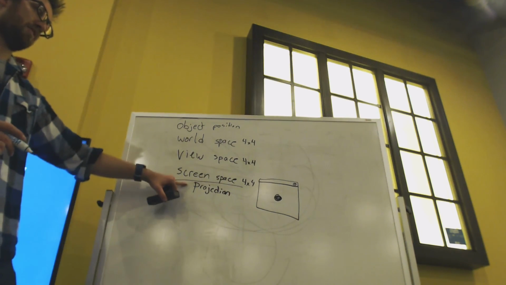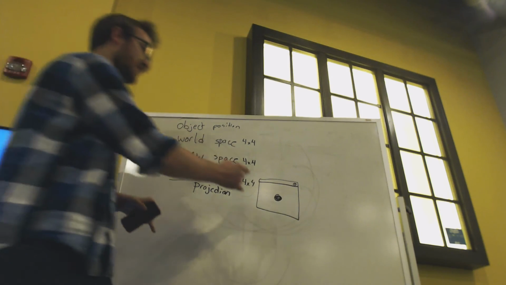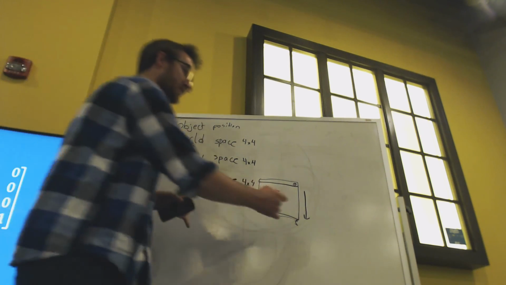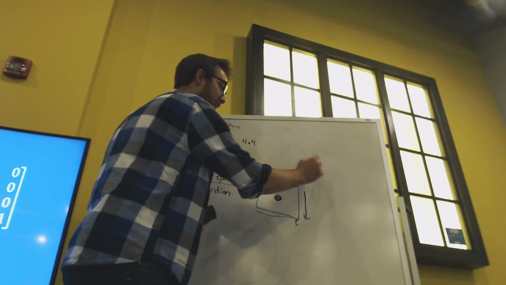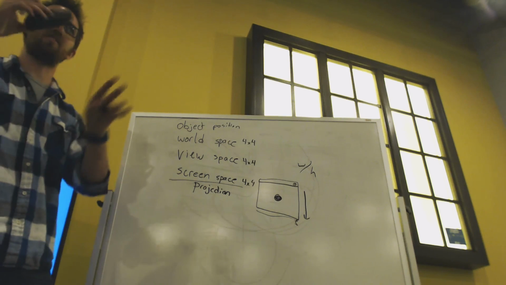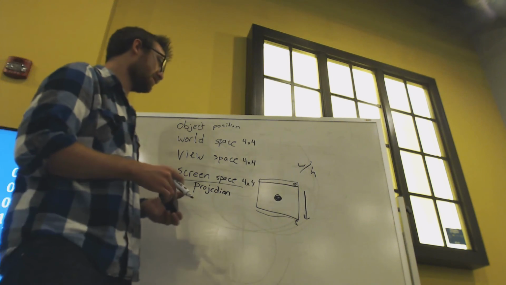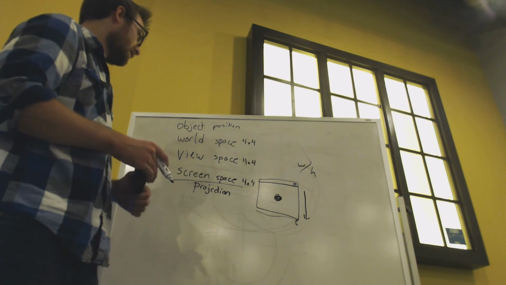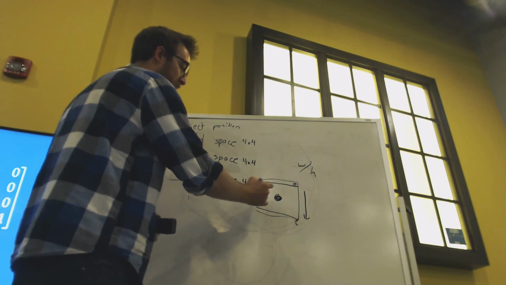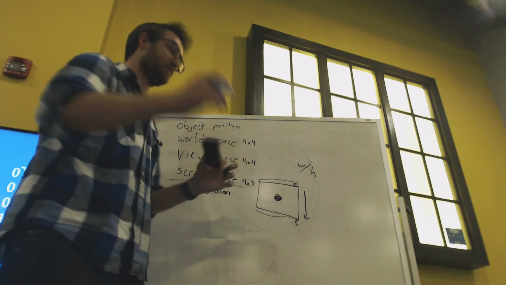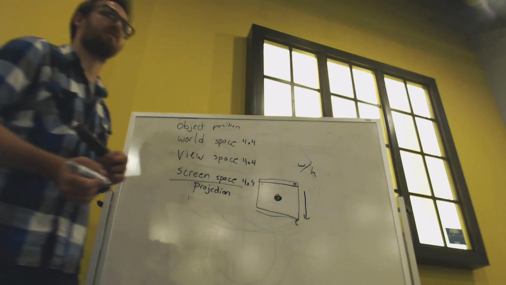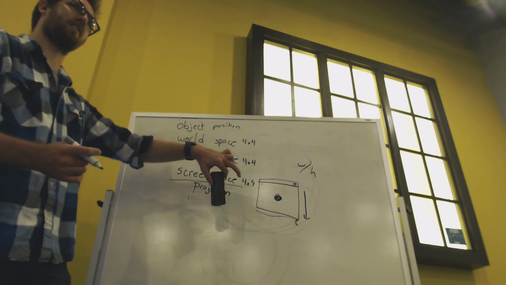The projection matrix takes the width and the height of your window and figures out the aspect ratio by W divided by H to figure out how much it should scale, whether you've got 21 by 9 or 16 by 10 resolution. When you multiply the projection matrix and rasterize everything out, which we'll get to, it figures out exactly where that specific pixel should be drawn on your window.